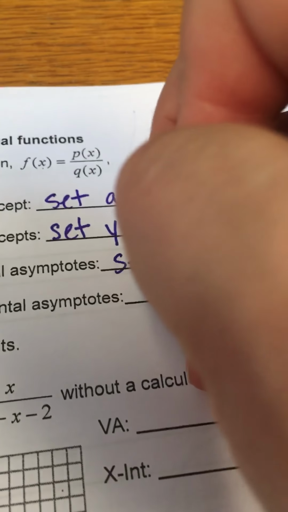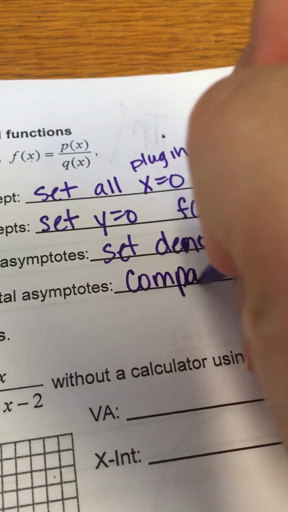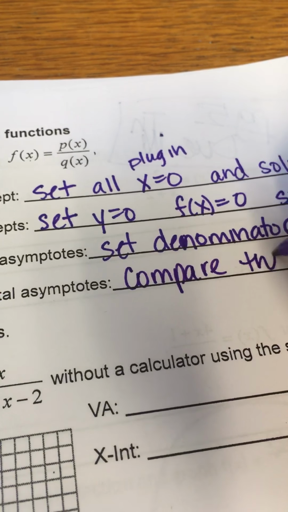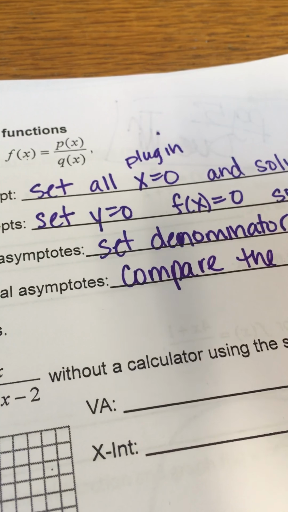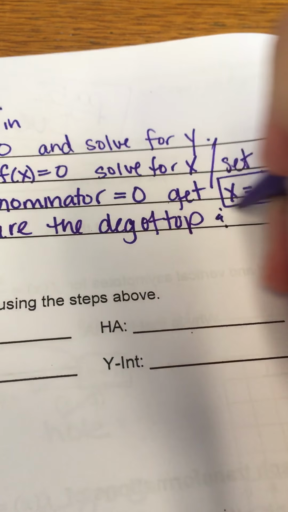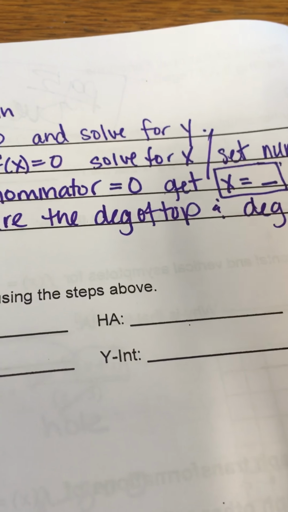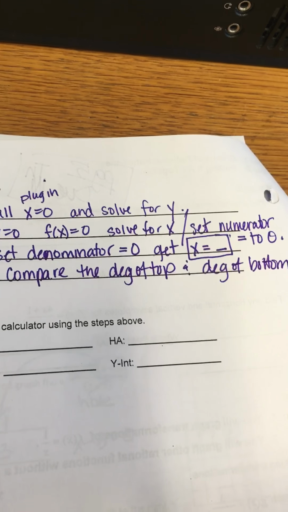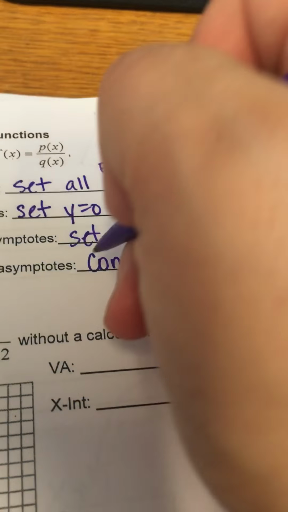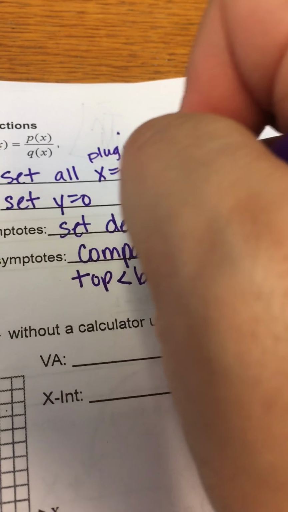Horizontals, we compare the degree of the top and the degree of the bottom. If the top is smaller than the bottom, we automatically say the asymptote is at y equals 0.